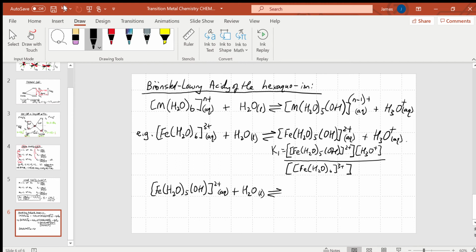It would be in equilibrium to give iron with only four waters. As soon as I said four, my brain wrote 4. How limbic of me. Aqueous plus hydronium.